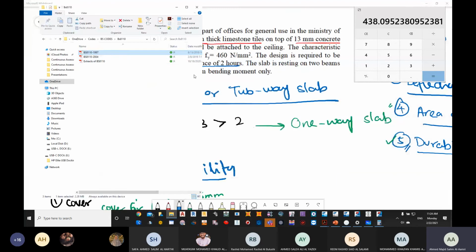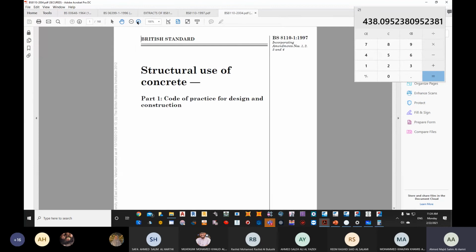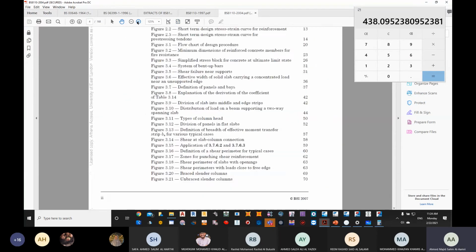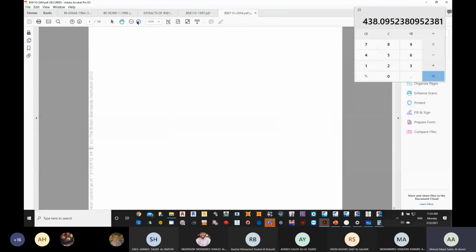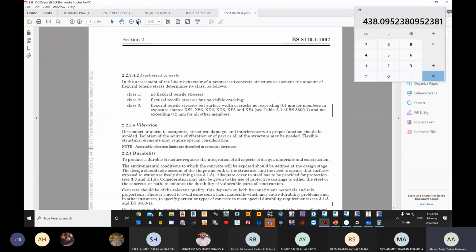The other BS code is the newer version, which is 2004. You can see here that in the 2004 version, there will not be any 460 reinforcement.